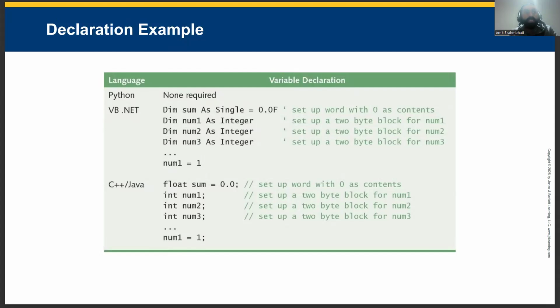Here is a declaration example. The table shows languages and variable declaration for those languages. We see that Python requires none. In VB.NET, they do a declaration like Dim sum, and in C++ and Java, you have something like float, int, etc. to declare a variable.